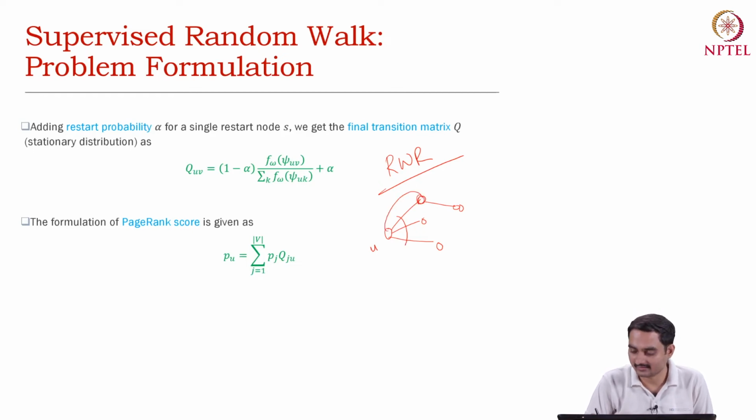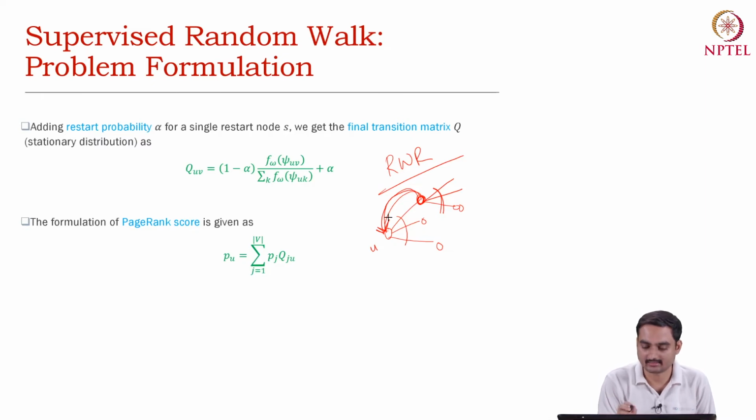Now, from this node you either choose one of the outgoing edges or you jump to the original node again. So with a certain probability you choose one of the outgoing edges, and with the remaining 1 minus that probability you jump to the seed node. Right. So this is random walk with restart.